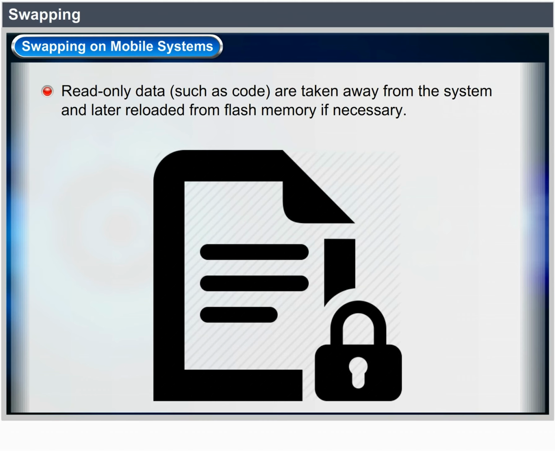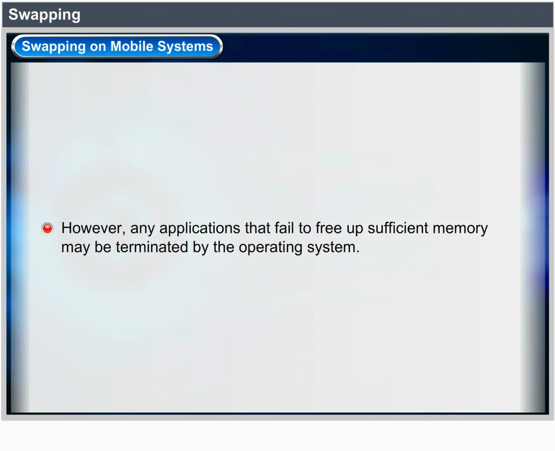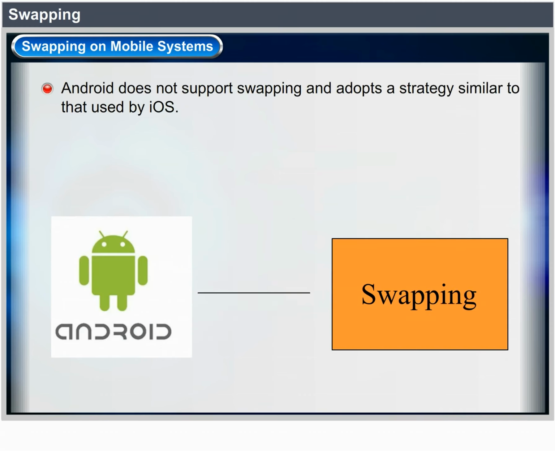Data that have been modified, such as the stack, are never removed. However, any applications that fail to free up sufficient memory may be terminated by the operating system. Android does not support swapping and adopts a strategy similar to that used by iOS. It may terminate a process if insufficient free memory is available.